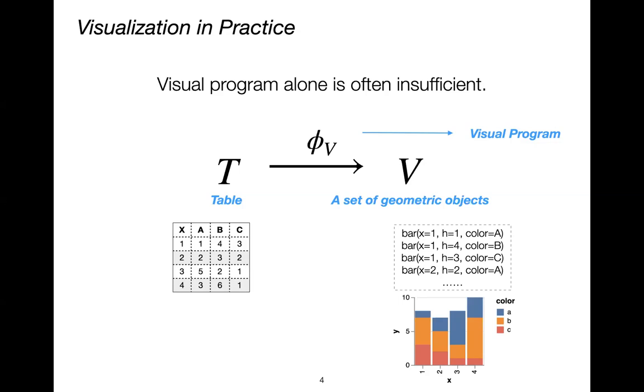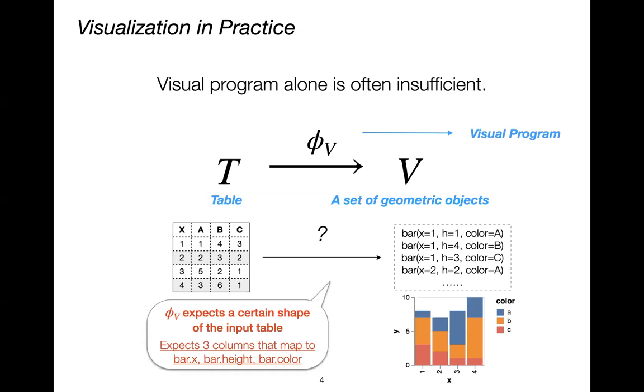A stacked bar chart is an easy way to present this kind of multi-category data. Now, how do we actually find a mapping from the table to the bars? It's a little unclear. The visualization has 3 attributes: x, the height of the bar, and the color of the bar. But we have a table of 4 columns.